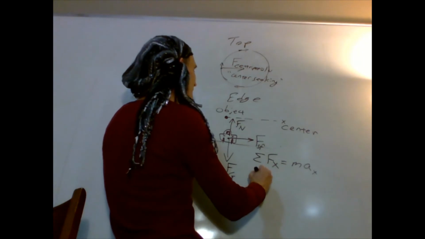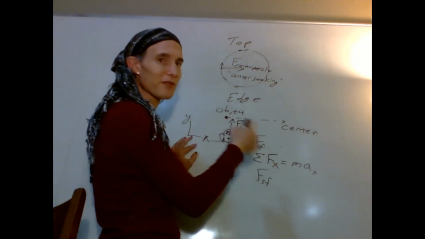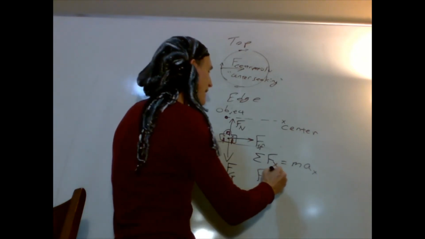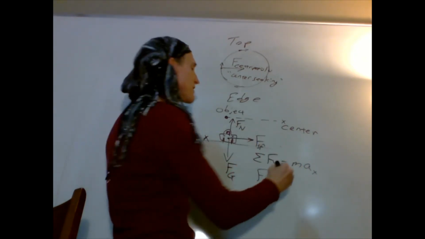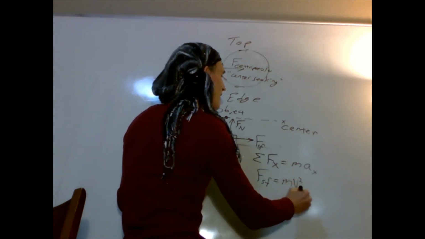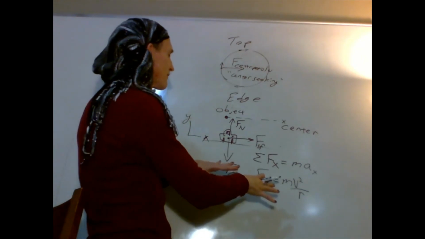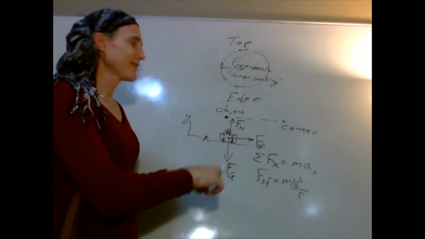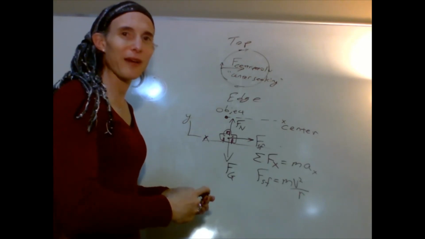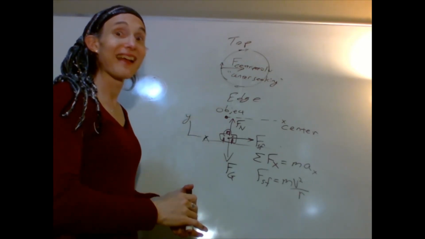So in this case, it would be my frictional force, and that's going to be related to my normal force through the usual relations. And then the acceleration is the centripetal acceleration, which is the v squared over r that you learned about. And then of course in the y direction you have these two. So that's hopefully enough to get you going through the exercises that you were assigned to do. Have fun!